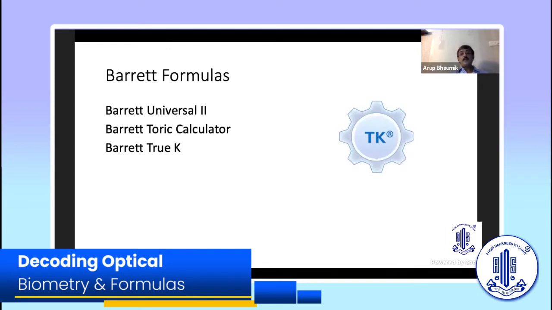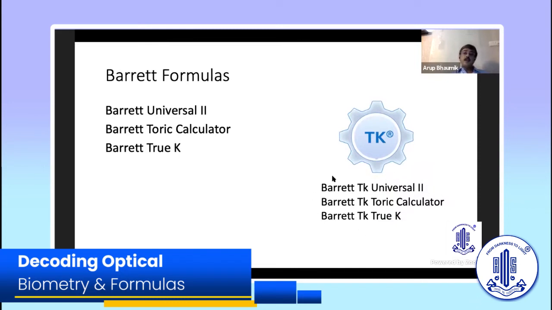But now it has become the total keratometry value, which improves the Barrett result further. This is the TK Universal 2, and the TK Toric calculator and Barrett TK are also coming. This TK is basically a game changer of IOL calculation.